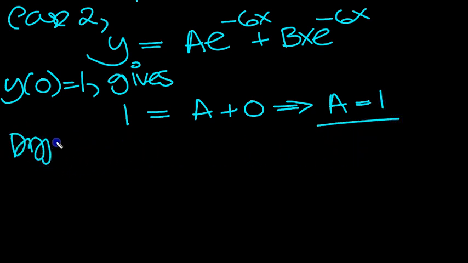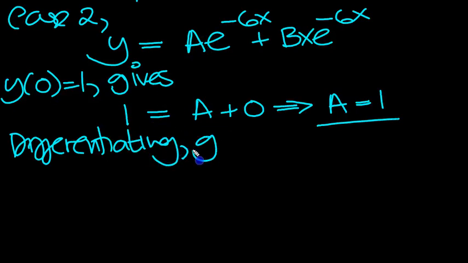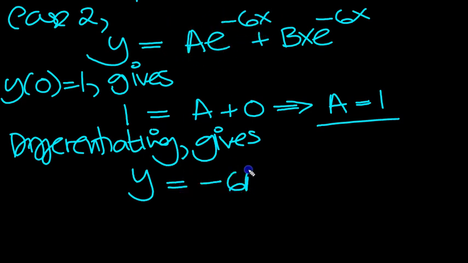Now we need to differentiate. So let's do that before we put the other initial condition in. Differentiating gives, so let's see what we get then. Y dashed here is equal to function of function. The minus 6 comes down, isn't it? Minus 6a e to the minus 6x.